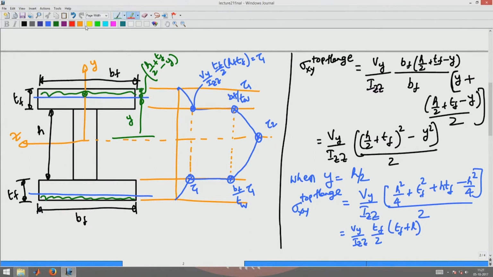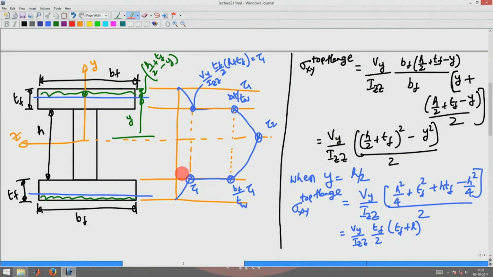So, you will get a stress distribution something like this for the I section. The point to note here is at this section, that is at the bottom of the top flange or top of the bottom flange, there is a shear stress coming in here.